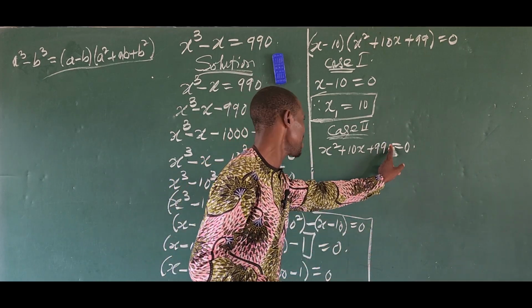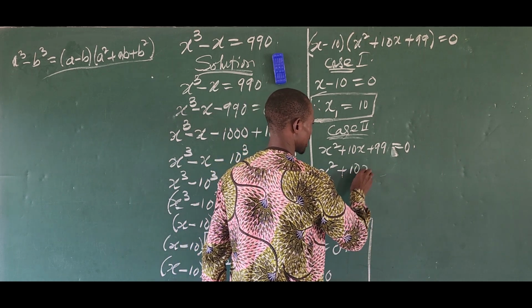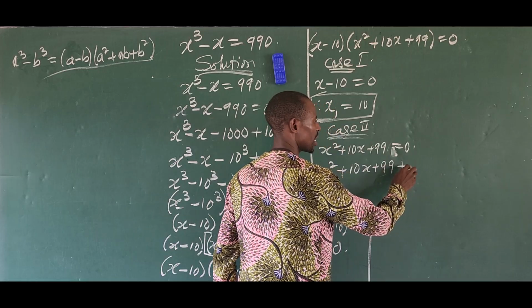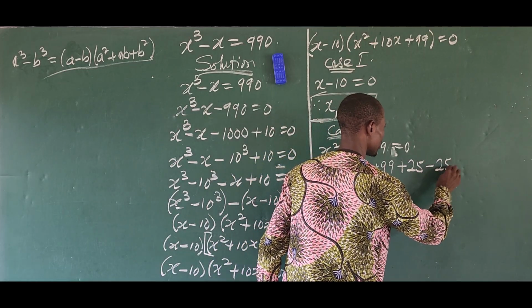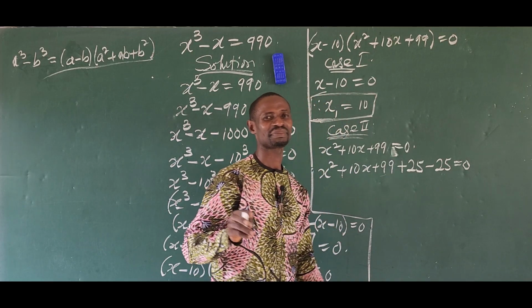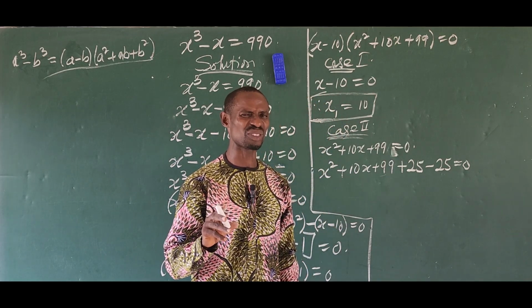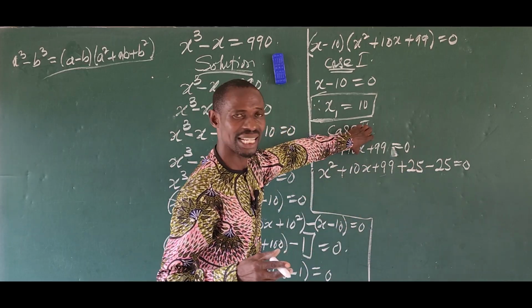So rewriting this expression here, this is going to give us x to the power of 2 plus 10x here plus our 99, then plus our 25, then minus our 25 equal to 0. We know that plus 25 minus 25 will give us 0. So this expression is still the same thing as this.